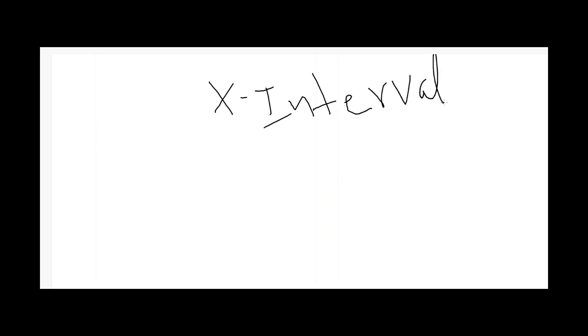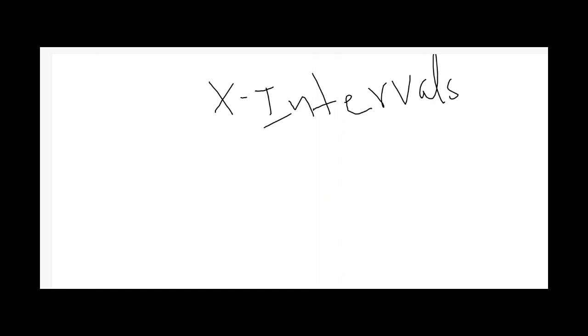Whenever you're analyzing functions, there's a couple rules to keep in mind. So one rule is that whenever describing the domain and range, you always want to use the x intervals, right? So you don't want to use points or your y values.